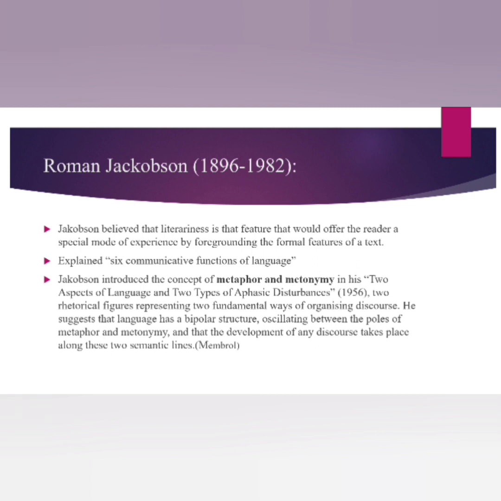It means that when these two devices are given importance and used, the two poles of language are formed, and the development of any discourse takes place along these two semantic lines. In this way he gave importance to the two figurative devices. Metaphor comprises the vertical axis, and metonymy comprises the horizontal axis.